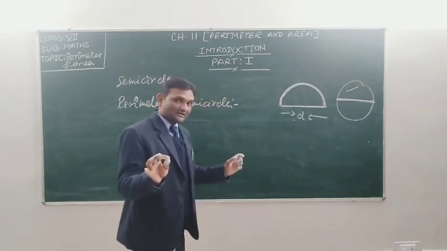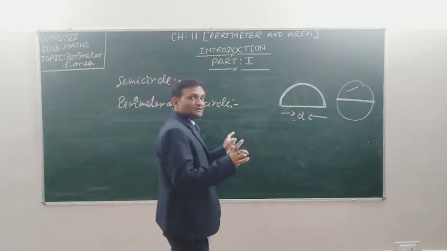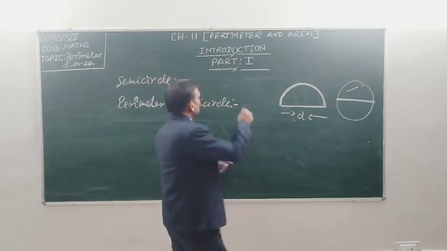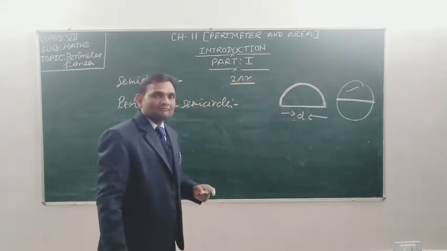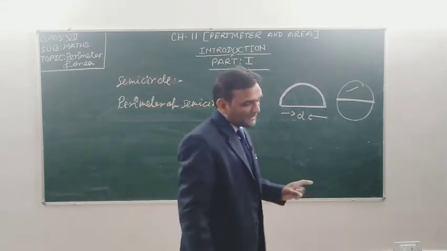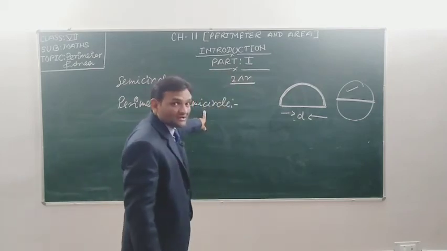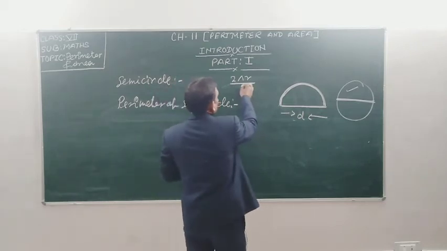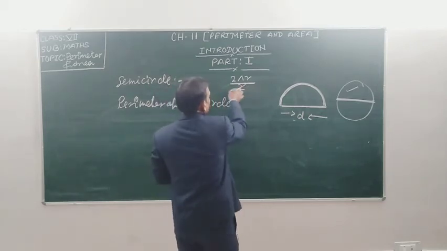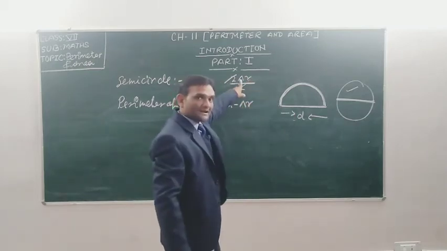Perimeter, firstly student, you know, perimeter of the full circle is 2 pi r. And perimeter of semicircle means 2 pi r upon 2, that is pi r left.